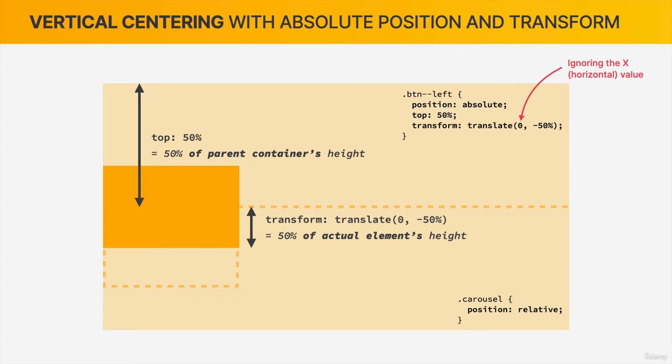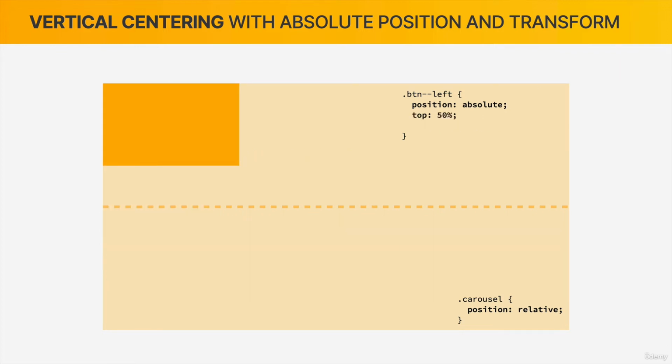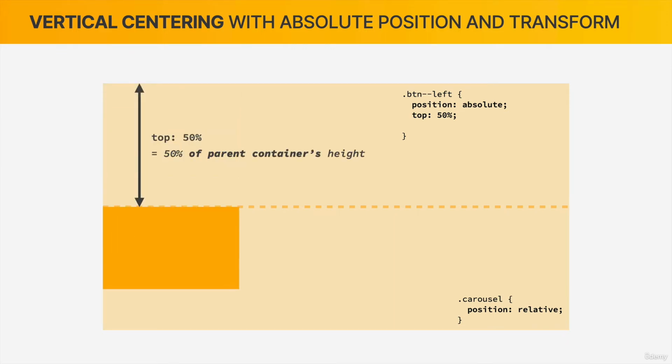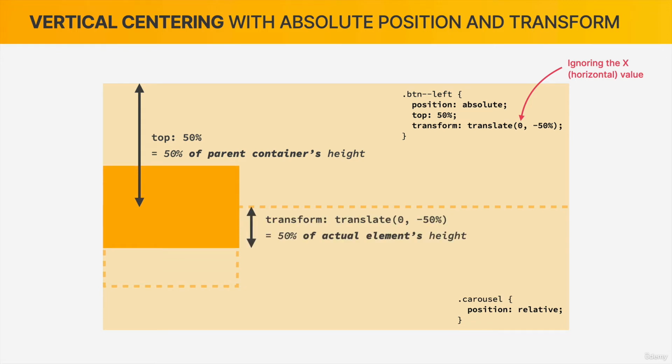All right. So I hope that made sense, especially with this animation, and maybe we can play that in. So we start here, which will move the element down here. So again, 50% of the parent container's height. Then we add the translate, as I just explained, which will move it back 50%. Okay? And so let's now go back to code and actually implement this.